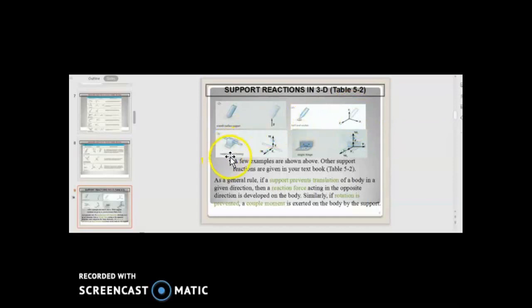For a single journal bearing, the support reaction will have both force and moment in the x and z directions, in two axes only. And for a single hinge like this, it has three forces and two moments.